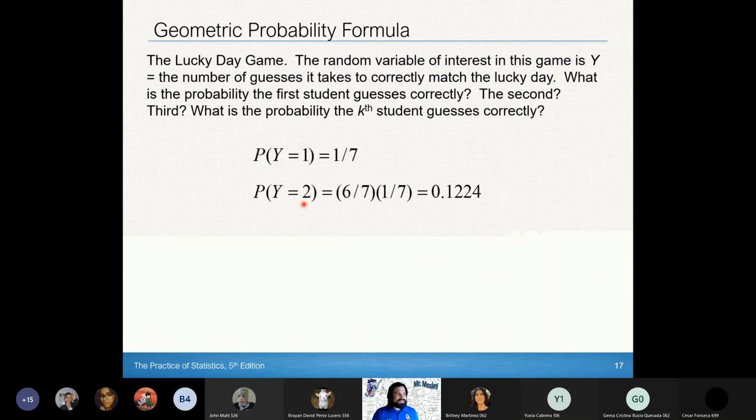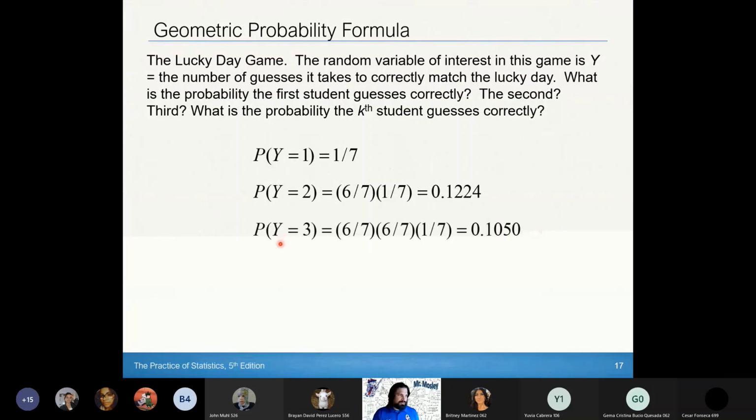The probability of the second student guessing correctly, which means the first one is incorrect and then the second one is correct, is the probability of 1 incorrect answer, 6 out of 7, times the probability of a correct answer, 1 out of 7. We get 0.1224.